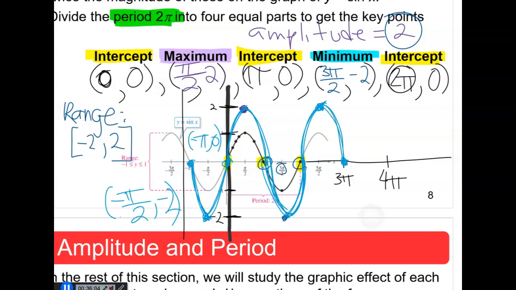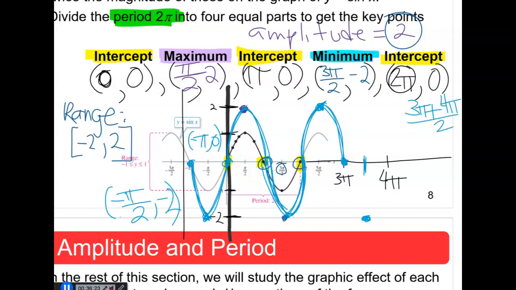Then we will have a minimum, and if you don't know exactly what the x value or the angle is, we could take the midpoint of 3 pi plus 4 pi and divide it by 2.